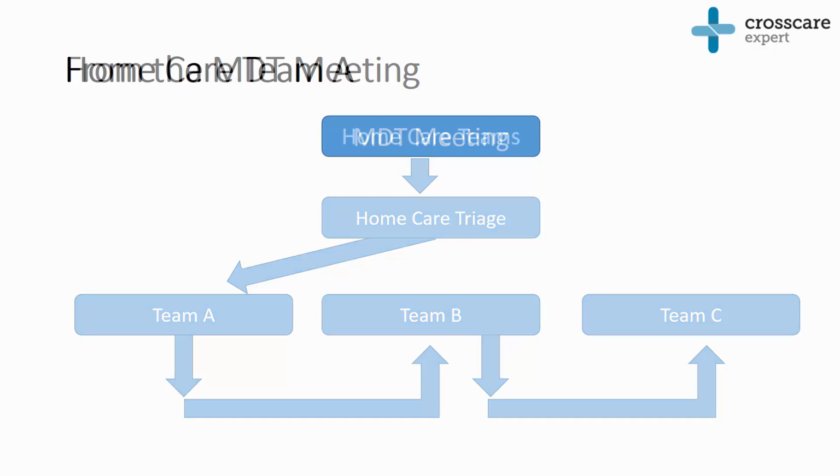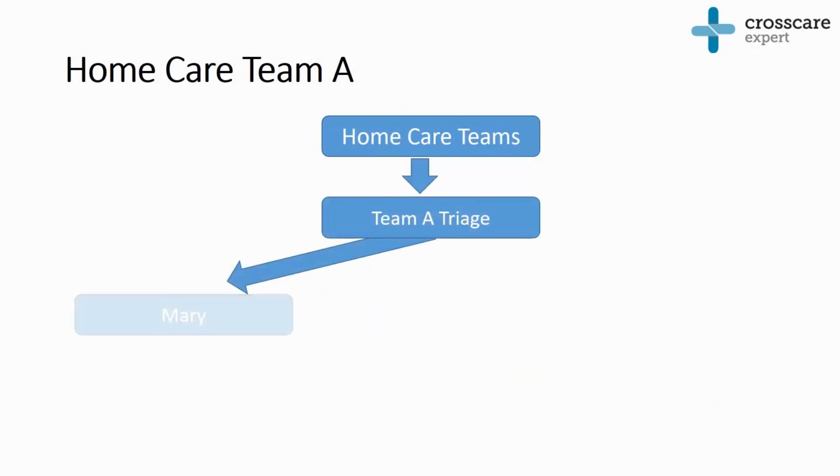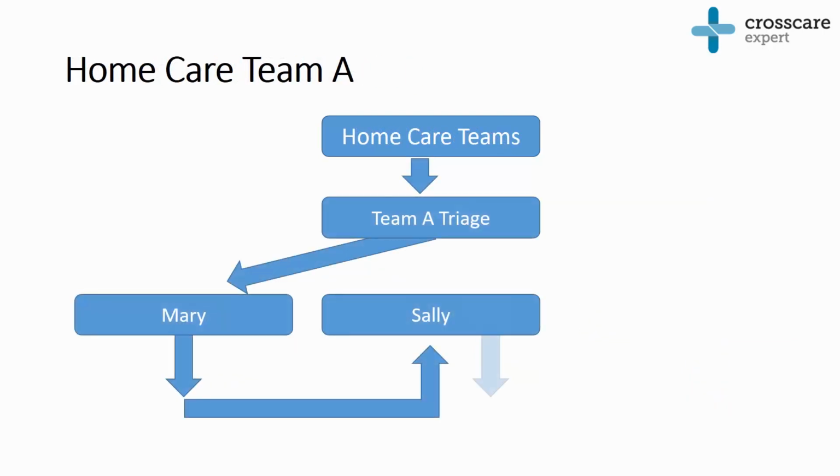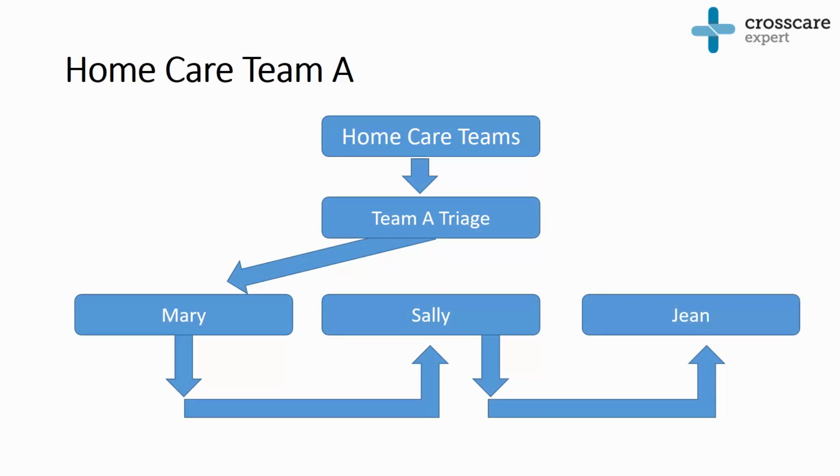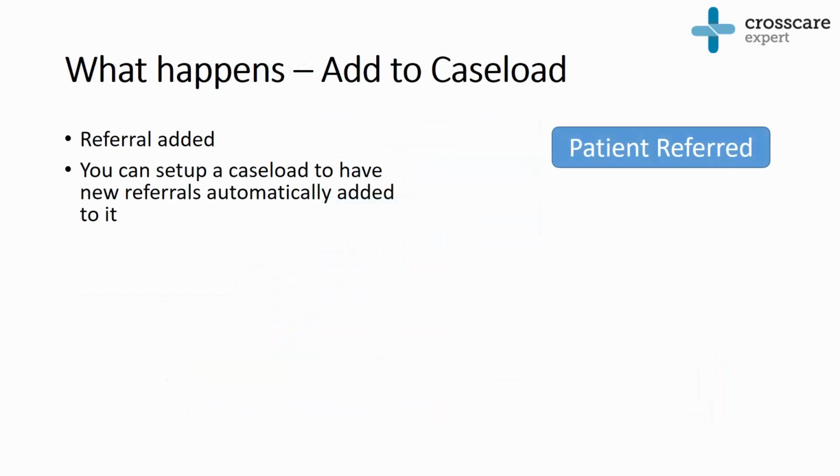Similarly, once the home care team have transferred them to team A, they could allocate them to Mary or Sally or June, or move them between the two. So if one goes on holiday, the care could be taken up by somebody else whilst that person's on holiday.